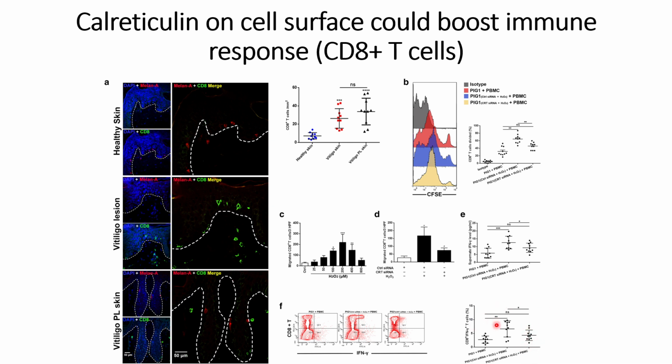The results for the CRT siRNA with oxidative stress are not significant compared to the isotype or the control case, indicating that the calreticulum on the cell surface plays a role in immune boosting, in terms of generating more CD8+ IFN gamma positive T cells. So from this figure they made the point that calreticulum on the cell surface could boost the immune response in terms of CD8+ cells and CD8+ IFN gamma positive T cells.